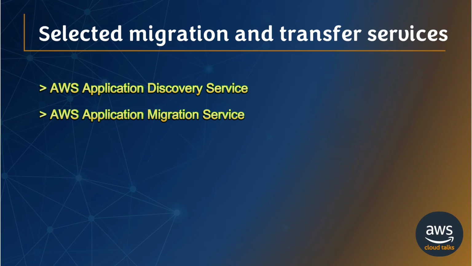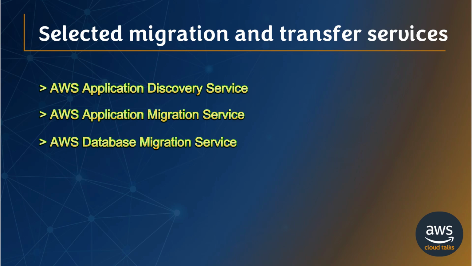The service minimizes time-intensive, error-prone manual processes by automatically converting your source servers from physical, virtual, or cloud infrastructure to run natively on AWS. It further simplifies your migration by enabling you to use the same automated process for a wide range of applications.